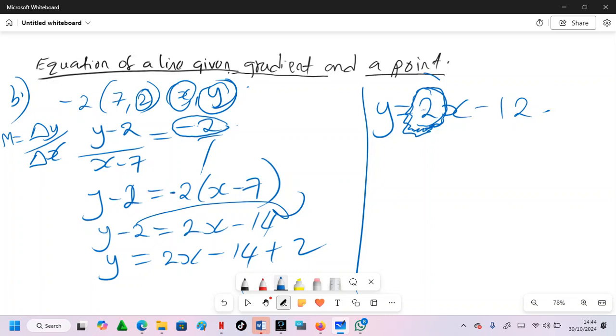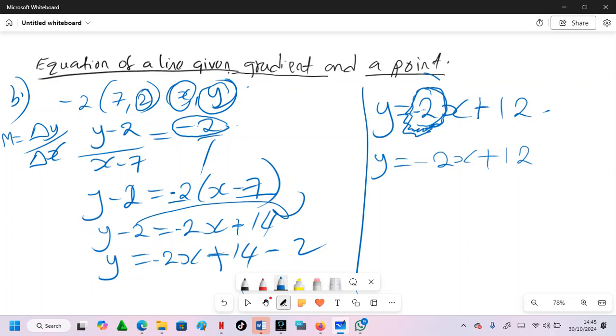This one is supposed to be multiplied by negative 2, so that when you open the bracket, you'll have negative 2x, and also positive 14, because negative times negative gives positive. So here you'll have negative 2x plus 14, and then minus 2, so we will have negative 2x plus 12. So the true equation of the line is y = -2x + 12.